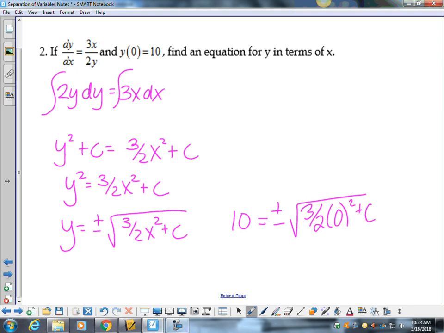So what's C going to equal? So then y equals plus or minus. Okay, still good? Told you this was nice and medium.